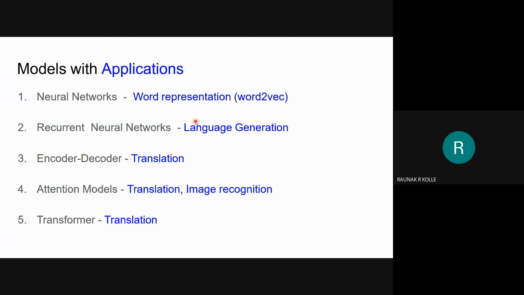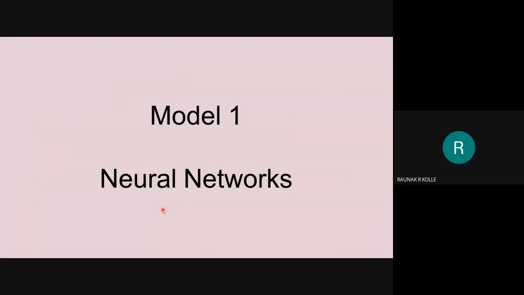Recurrent neural networks can be used for language generation. An encoder decoder is used for translation. Attention models are used for translation and image recognition. The transformer model is used for translation. The first model we will be discussing is the neural network.